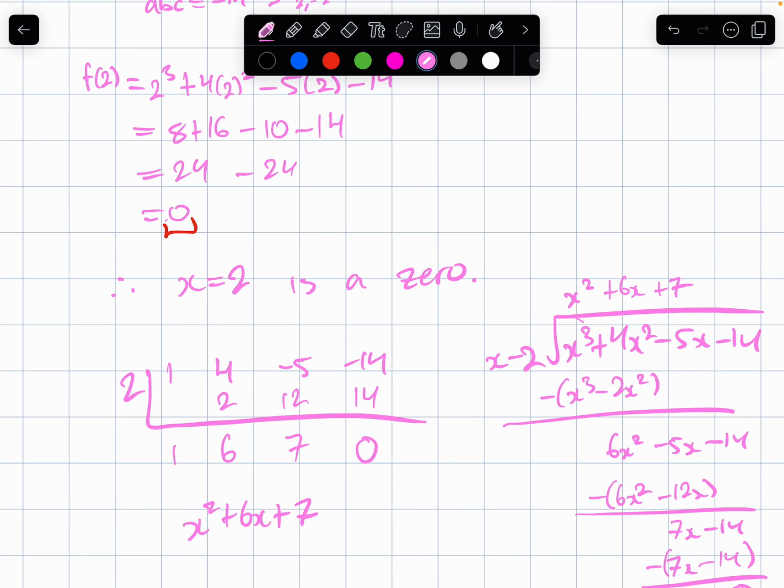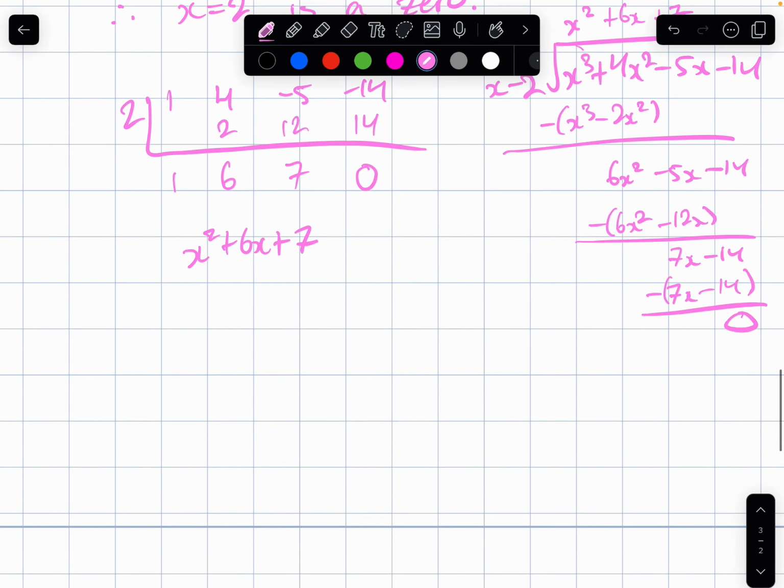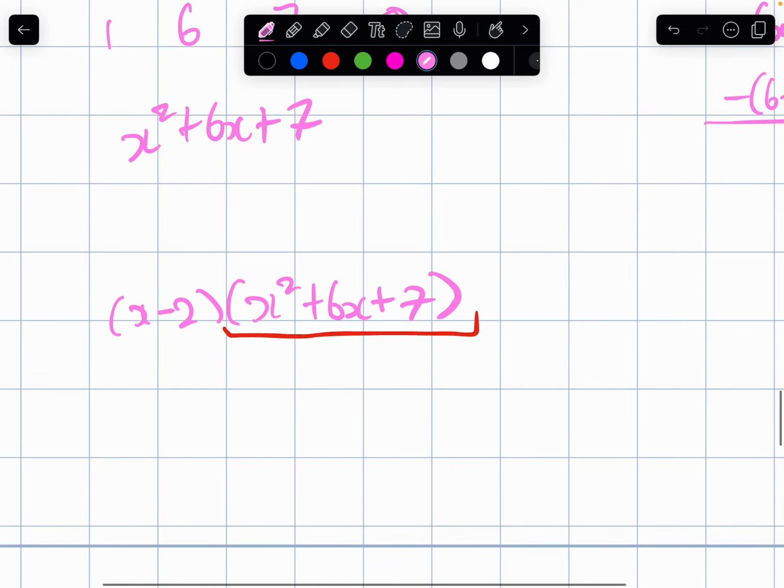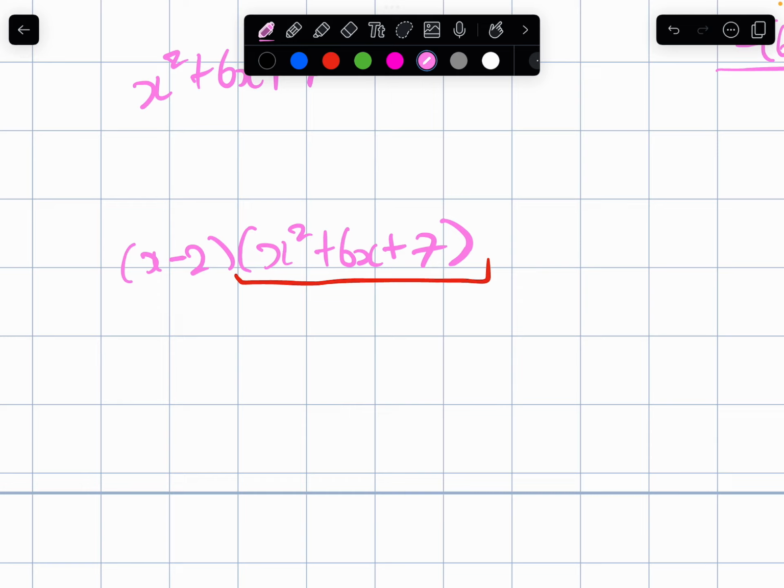Then you take your leftover and you have x minus 2 times this, and you want to break down this term even more. Since it's a quadratic, you can either factorize it on your own in your head, with 6 and 1, which doesn't work in this case I don't think, or you use the quadratic formula, which is always going to work if it has real solutions.